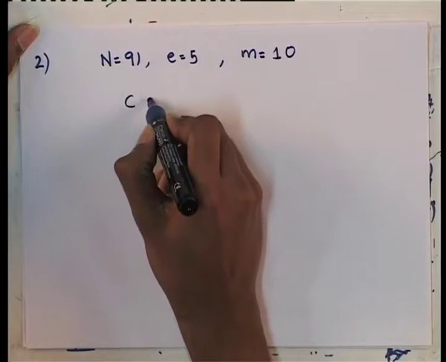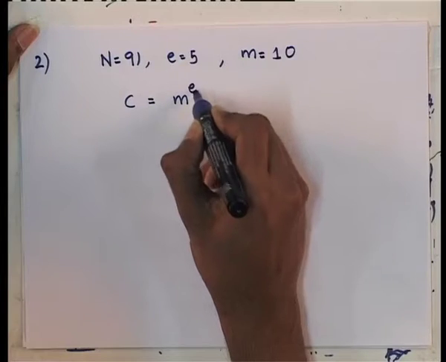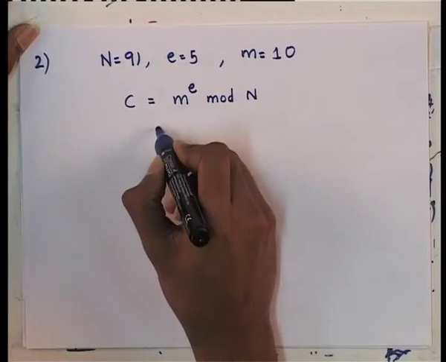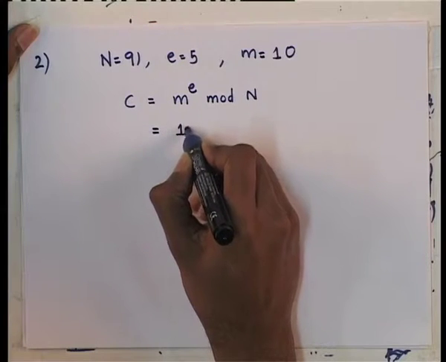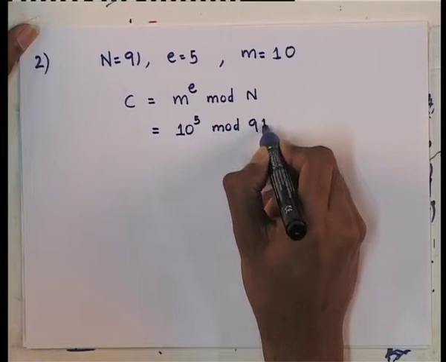We know that the encrypted message is m power E modulus n. That implies C is 10 power 5 modulus 91.